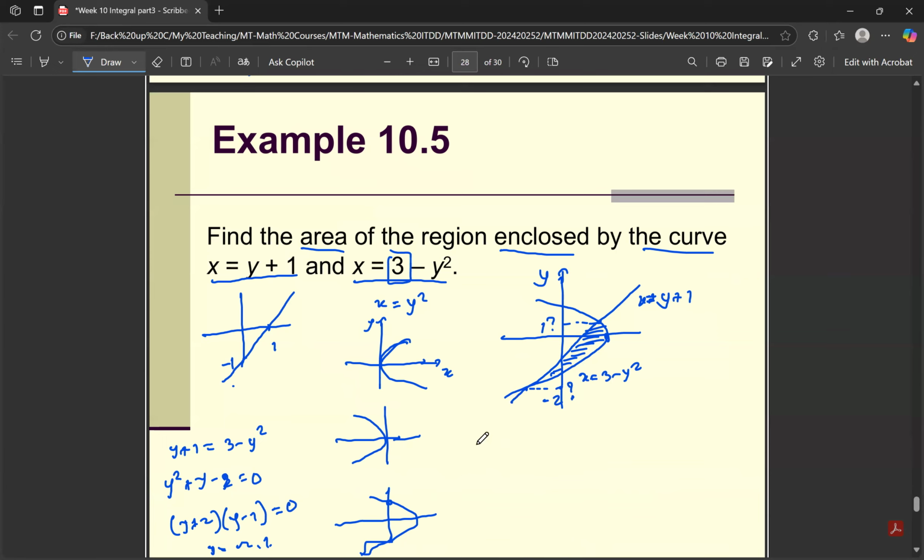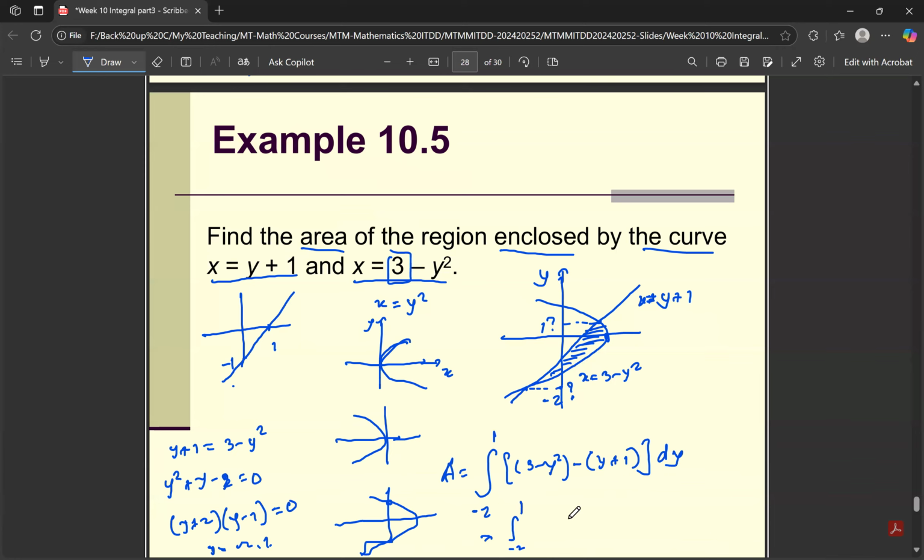So this is minus 2 and this is 1. And we get the area of this region is the integral from minus 2 to 1. The right is 3 minus y squared, subtract the left, y plus 1, with respect to y. Okay, we continue.